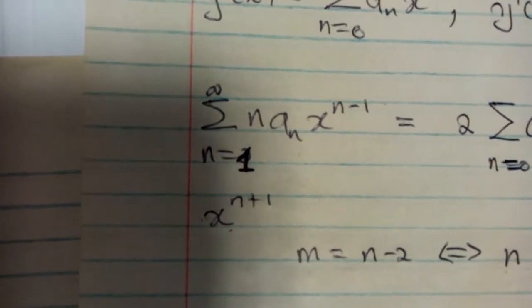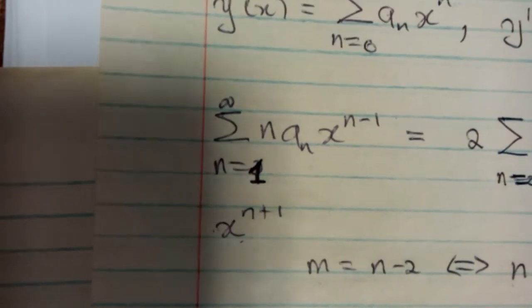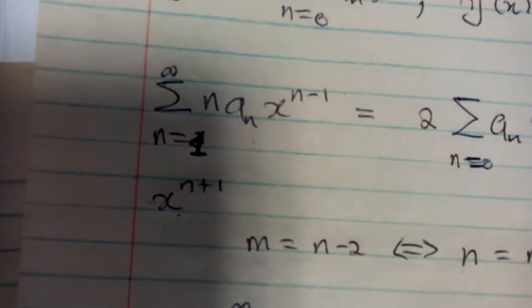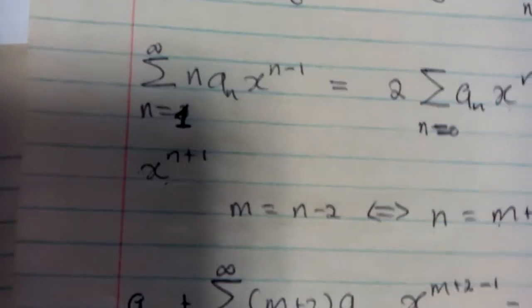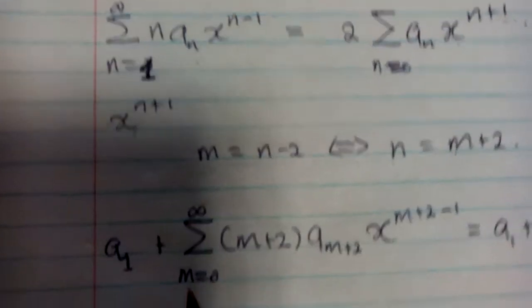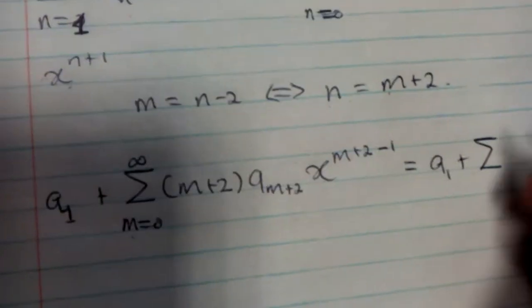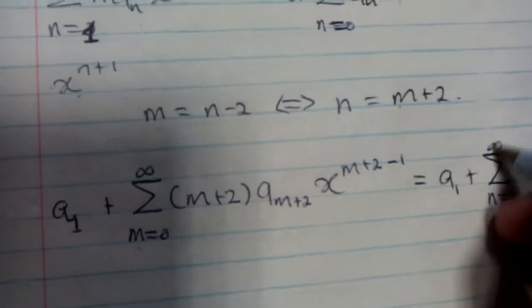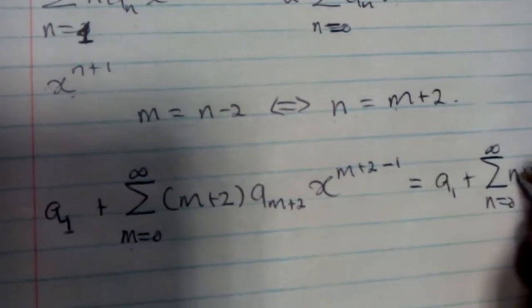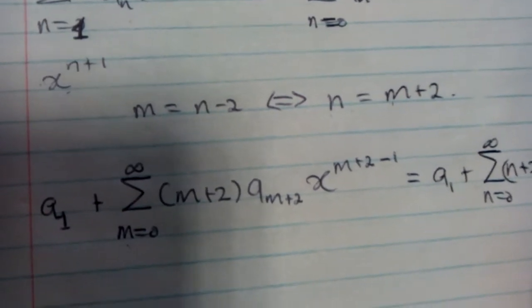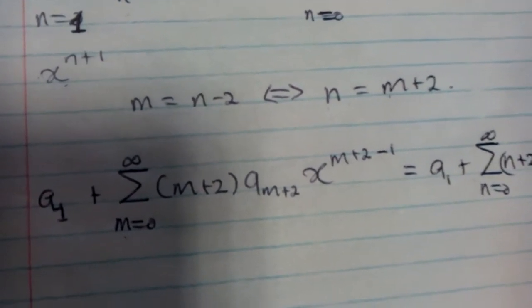So this term becomes now what? This would be equal to a1 plus the sum. Right, I can change my m back to n from n equal to 0 up to infinity of n plus 2 times a n plus 2 x to the n plus 1.